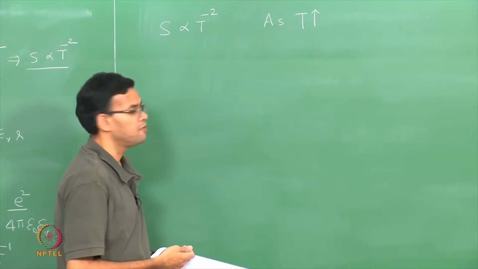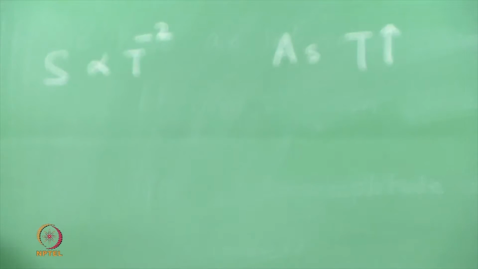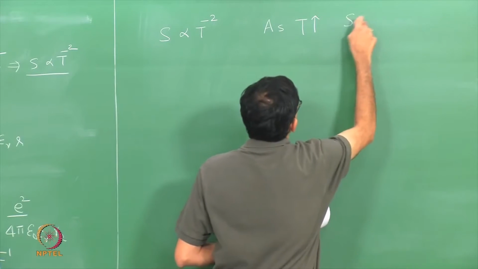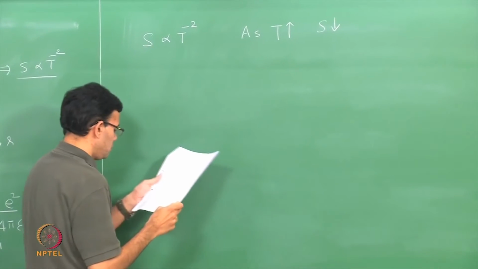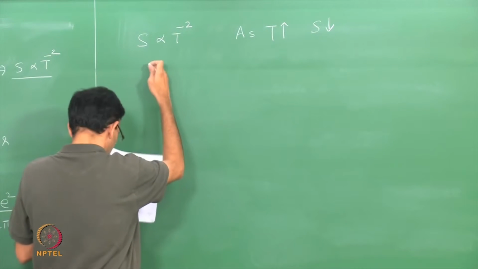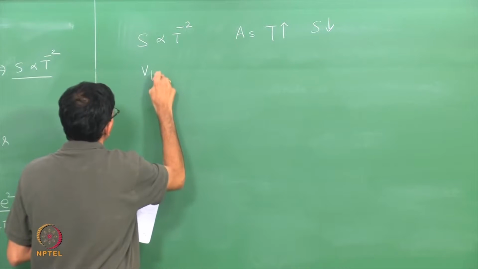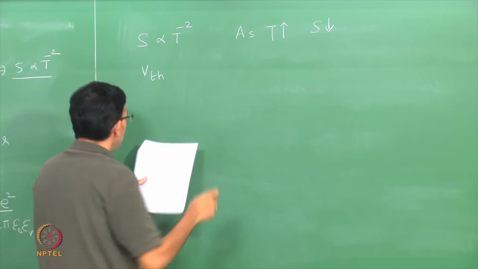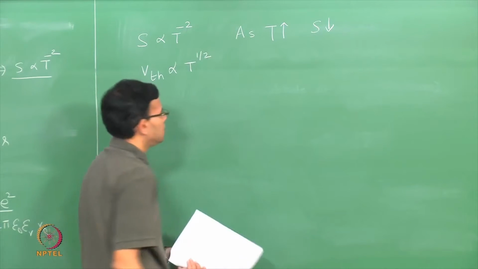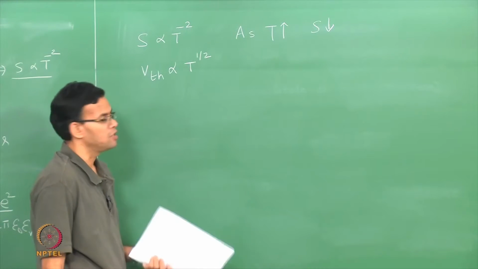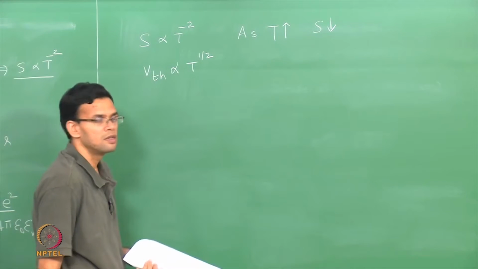So, it becomes easier for it to escape the influence of the ionized impurity, which means the scattering cross section S goes down. Earlier we saw that V thermal is proportional to T to the half. This is the same argument that we use in the case of an intrinsic semiconductor.